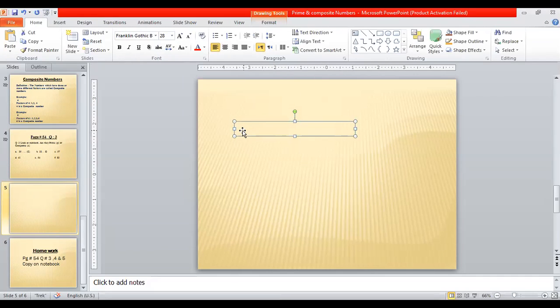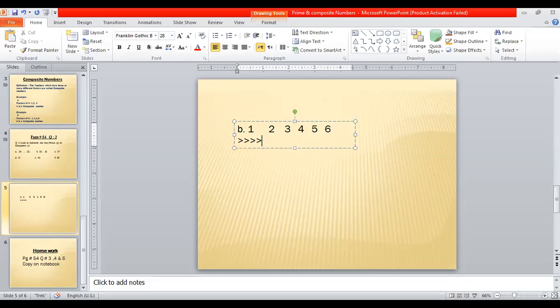So in part B, what you have to do is write the counting from 1, giving space, and 2, 3, 4, 5, 6, and so on till 50. Now they are asking how many composite numbers and prime numbers. This work you are going to do on the rough notebook.